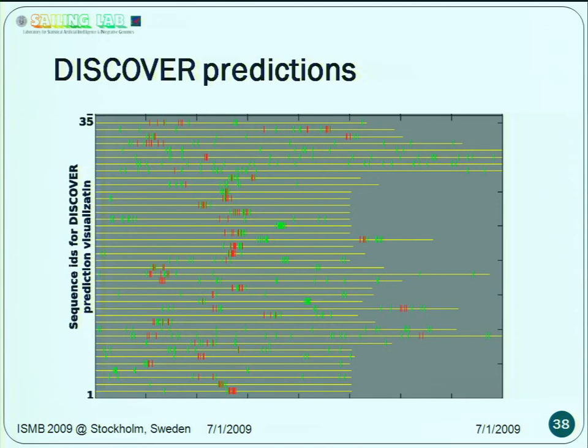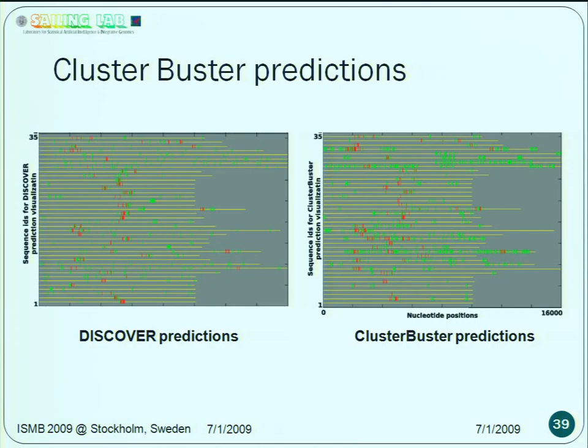If we compare with Cluster Buster, which is a state-of-the-art HMM generative model, you'll see that Cluster Buster gets a lot more true positives, but a lot more false positives. So if these predictions were to be used in a bio lab, it would be difficult to know where exactly to start.